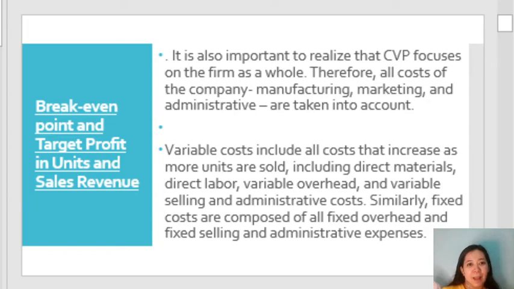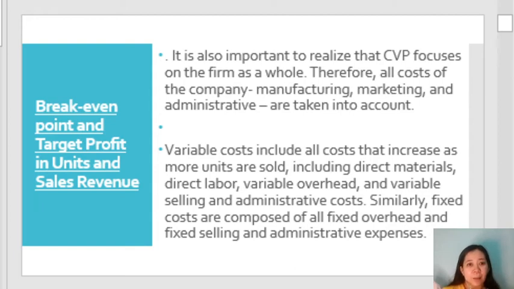So here, we will describe what is variable and fixed cost. When we say variable costs, these are costs that vary according to the number of units produced or sold.